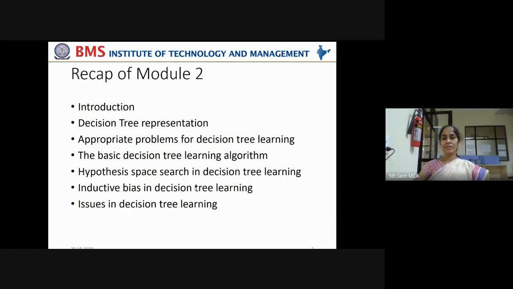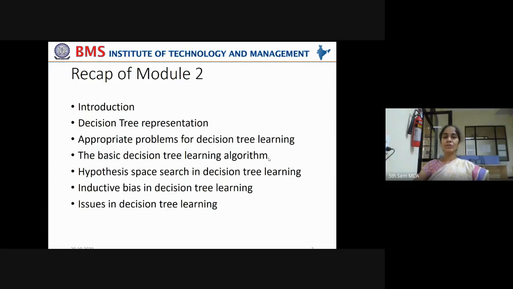And the inductive bias in decision tree learning means the assumptions that the decision tree learning makes in order to arrive at some concise or optimal hypothesis. We understood that preferring shorter decision trees by using the statistical measure of information gain is the inductive bias for decision tree learning.